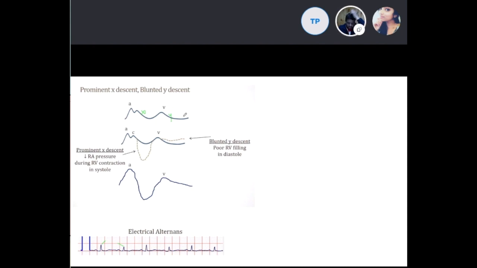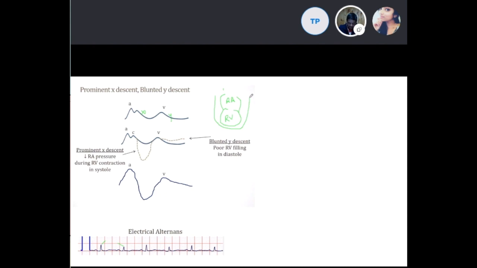However, in patients who have tamponade, you will get a greater, prominent X descent because, so I'm going to draw it, sorry, should have drawn this earlier. You have your right ventricle with your valves, and then you have your right atrium. So this is your atrium. And then obviously you have this sac around.